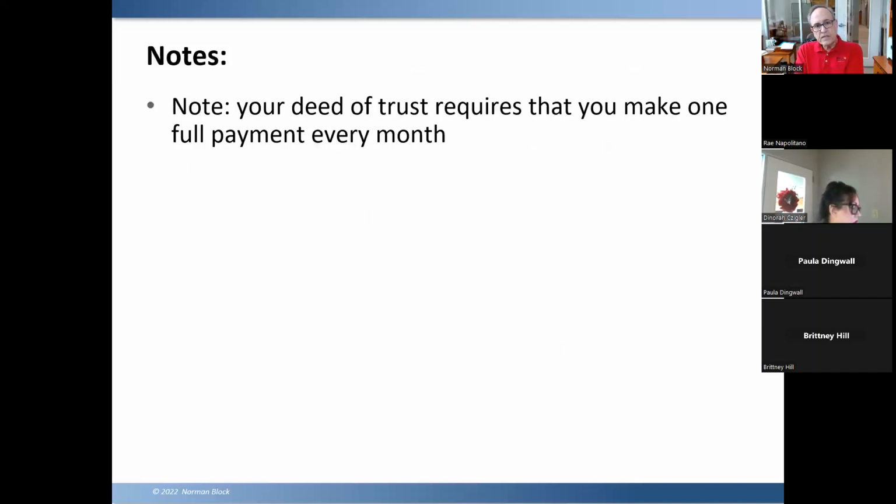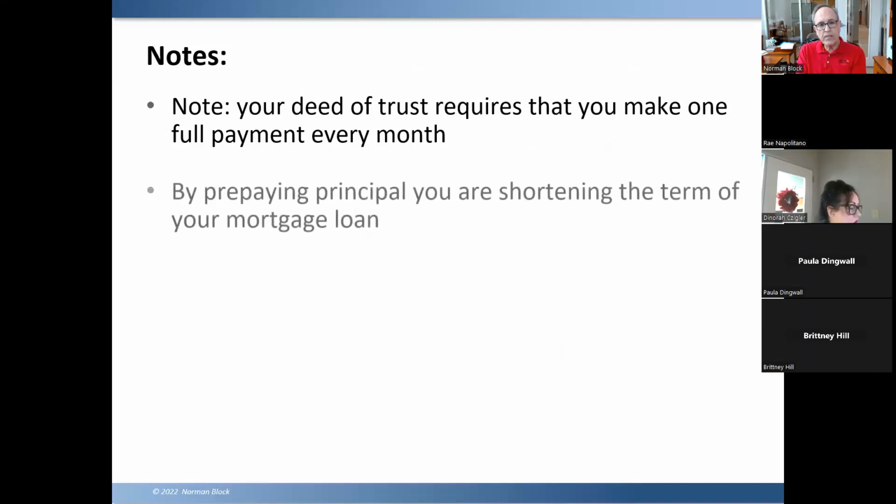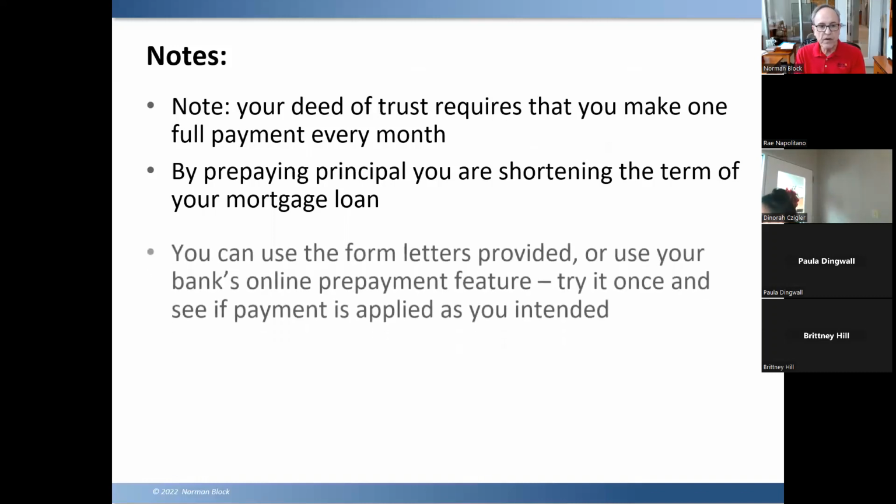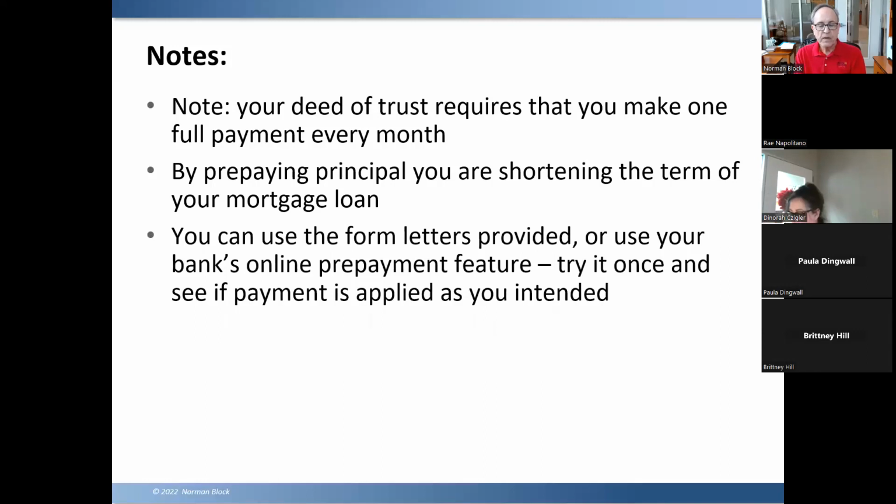Now, remember what I said, your deed of trust requires that you make one full payment every month. But by prepaying principal with additional payments, you're shortening the term of your mortgage loan. You're saving interest that you're never going to have to pay. Now, if you still write checks, you can use the form letters that I'm getting ready to go over.